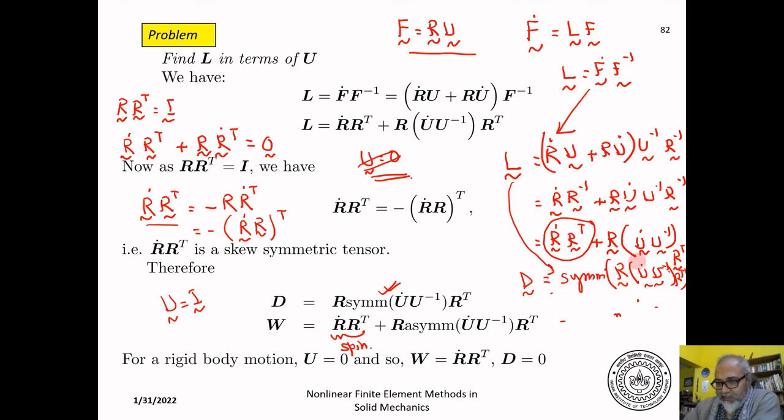Also, this is a rotation: pre-multiplication by R and post-multiplication by R transpose is a rotation of this particular tensor. And the symmetric part of a rotated tensor is also symmetric, so we can take the R out and write the symmetric part of U dot U inverse, rotated by R, as D. This is also equal to 0 if U is equal to the identity tensor. That means if you have a pure rigid body rotation.